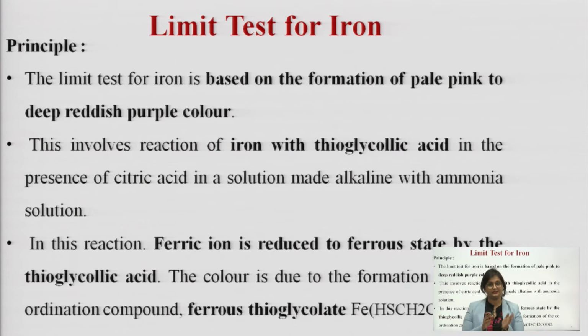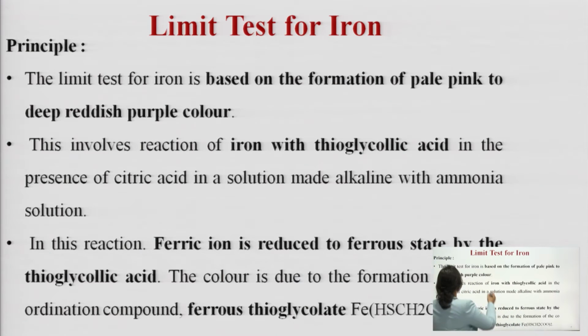How do we compare the test with that of the standard? It could be opalescence, turbidity, or a change in color, or a difference in the intensity of the color. With this we move on to understand the limit test for iron.